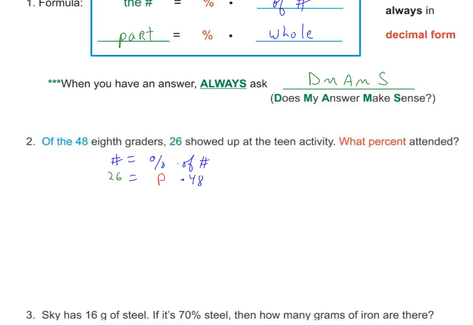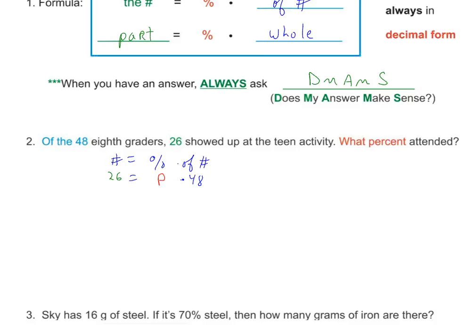Somebody that's done already, can you tell me a little bit about DMAMs here? Like what kind of answer you would be expecting on this kind of problem? Daniel? Above 50%.